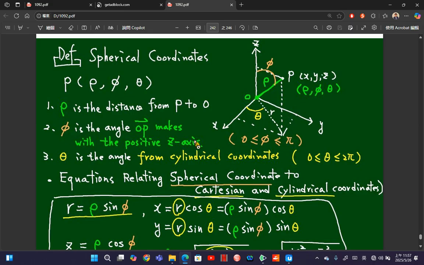This is rho. It's easy, right? Phi will be the angle from OP to OZ, the positive z-axis. This is the positive z-axis, this is OP, so we can get the angle between these two rays. 所以这个 phi 角取的是 O 到 P 这条射线跟 O 到正 z 方向的夹角。OK，那第三个 theta is the angle from cylindrical coordinates.